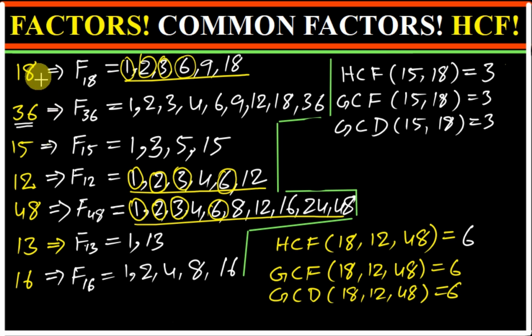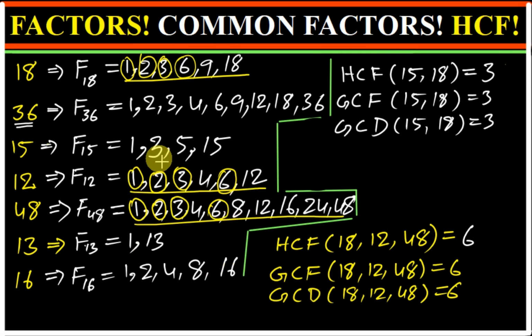But if the numbers are large, like 352, 256, 431, then how can we find all the factors in this way, and then find the HCF or GCF or GCD with this method? It will be a very lengthy process.